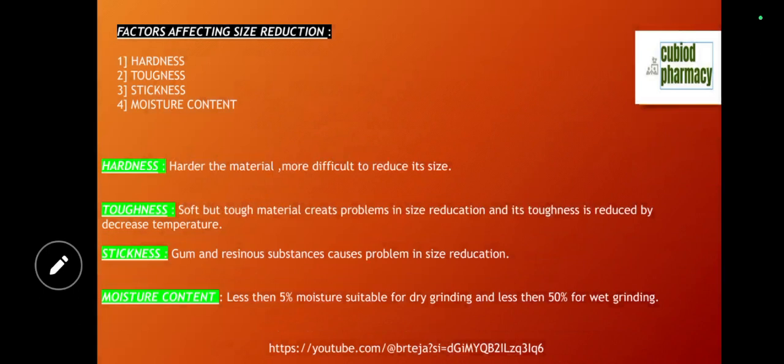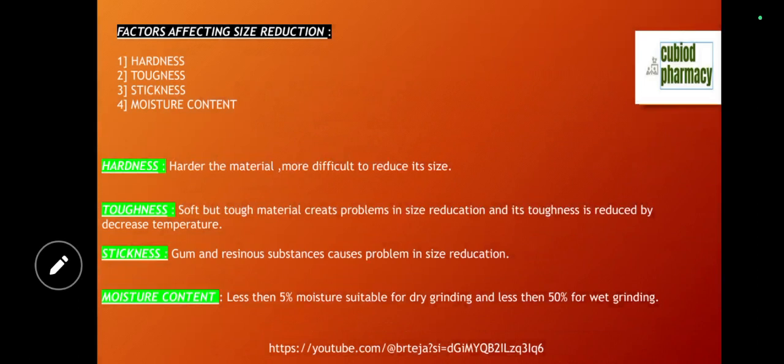Examples are talc, gypsum, calcite, fluorite, apatite. Hardness means harder than metal, harder material, meaning solid. The harder the material, the more difficult to reduce its size. This is called hardness.